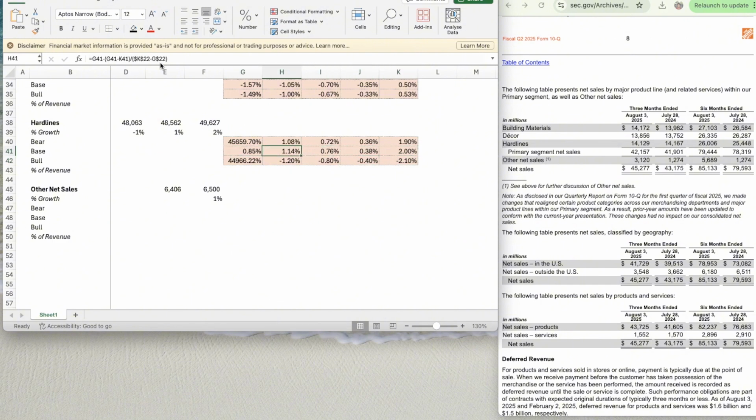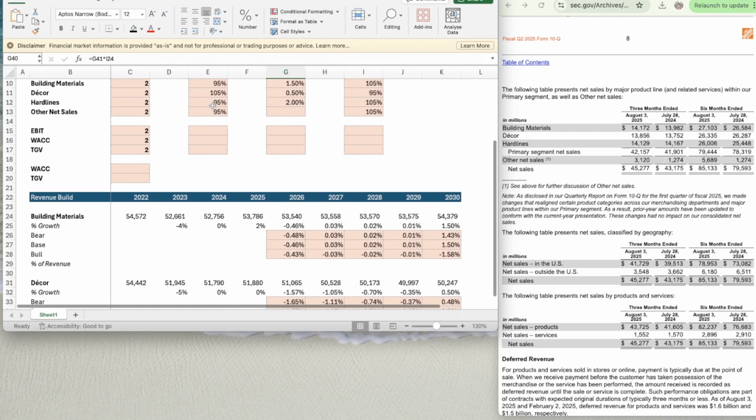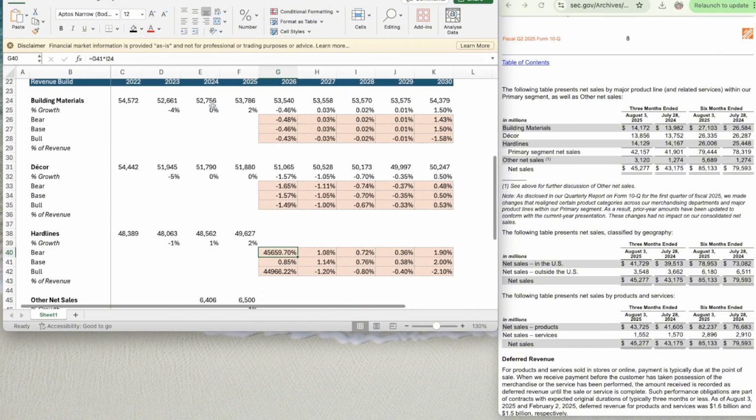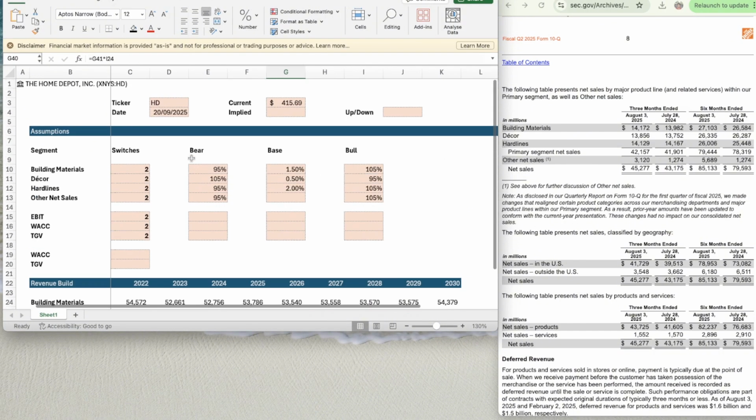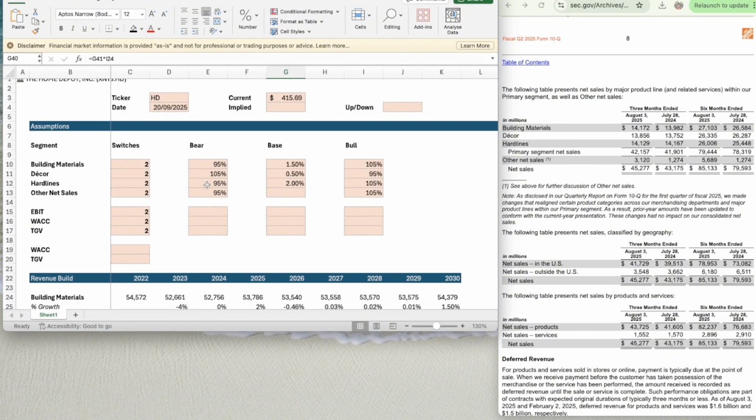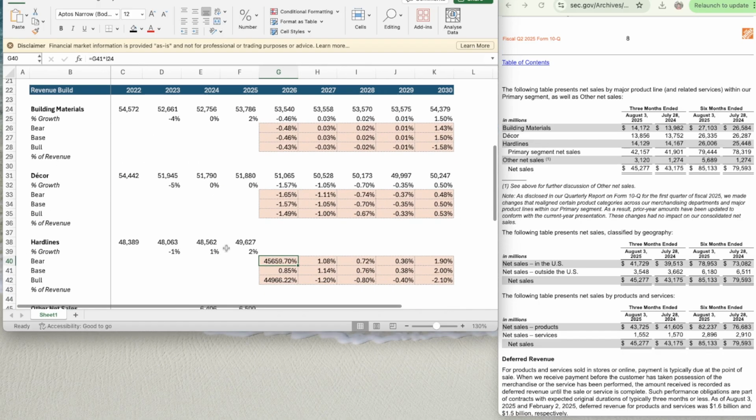Okay, looks good. But it needs to be multiplied by E12.